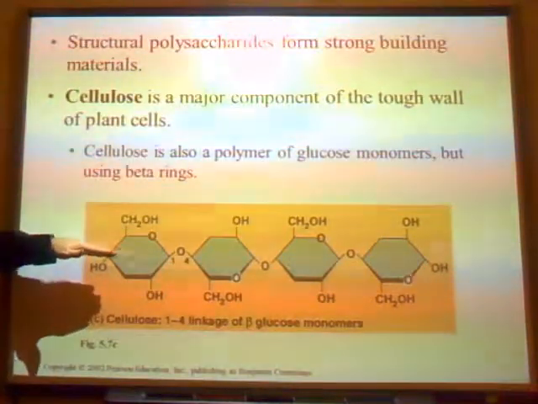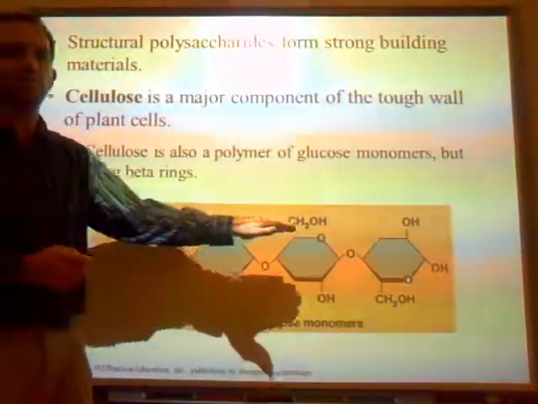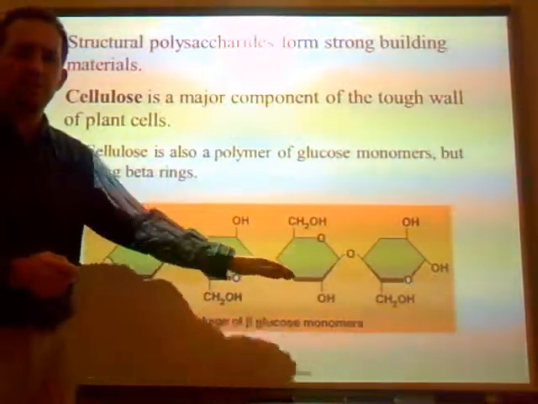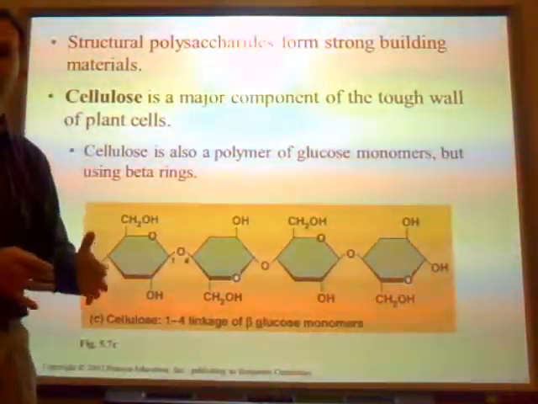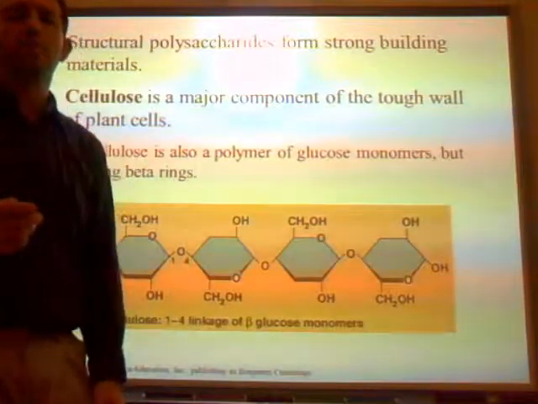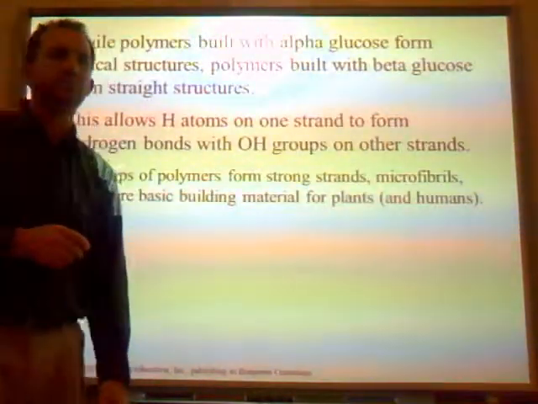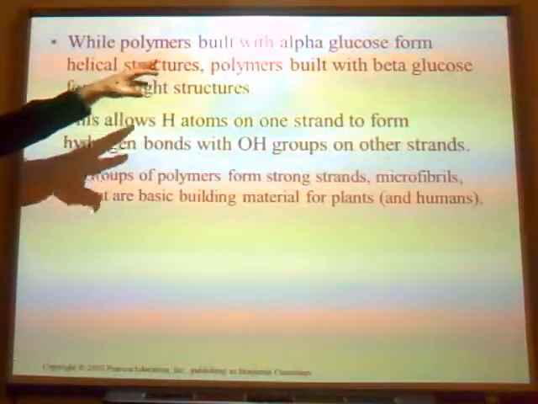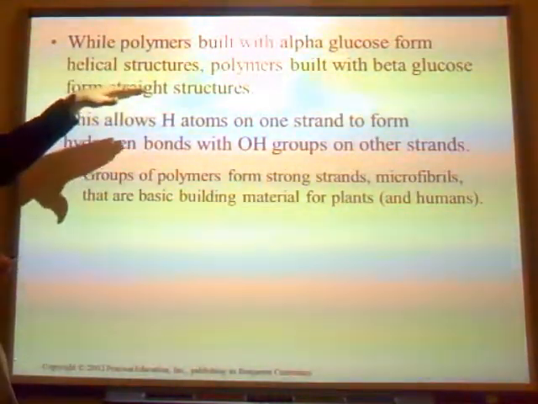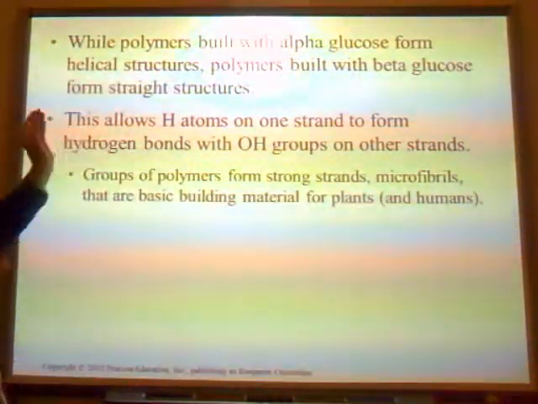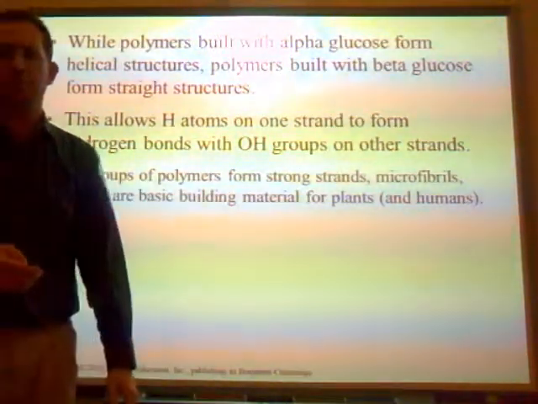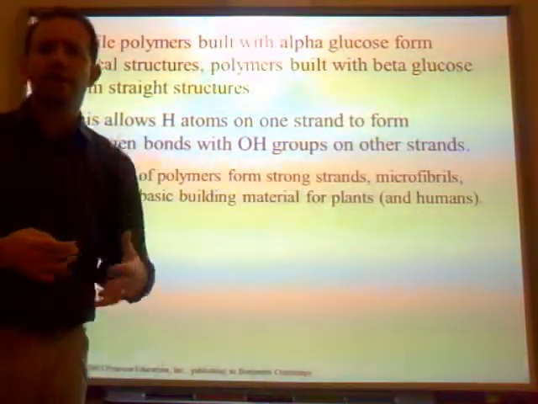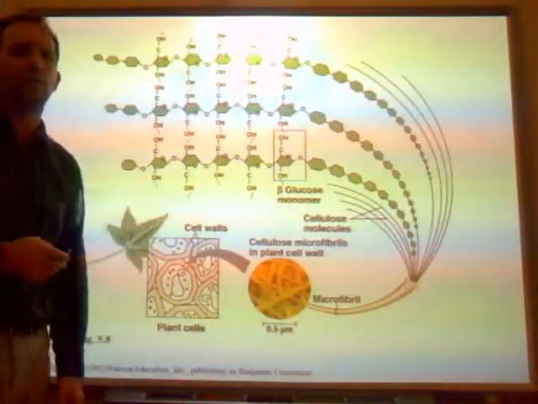So as you go across, for every glucose that is added, the one that precedes it and the one that succeeds it is actually upside down relative to the one that we are discussing. When it comes to our polymers, they're built with alpha glucose to form helical structures. Those that are beta are going to form straight structures, okay? And this is going to offer a wide variety of bonding characteristics because of the way they are formed.